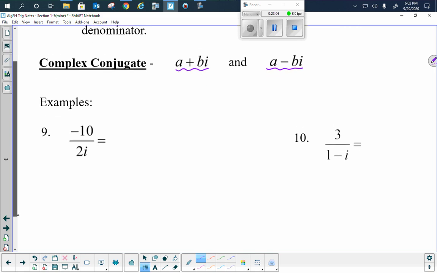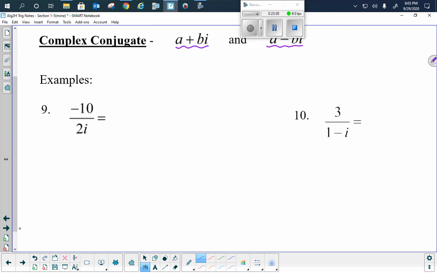This is about rationalizing, because in this example, number 9, you should recognize that i is in the denominator and i is a square root, right? Square root of negative 1. Well, I can't have roots in the denominator. So I need to rationalize it. We've got options, guys. You do have other things that would work for this.